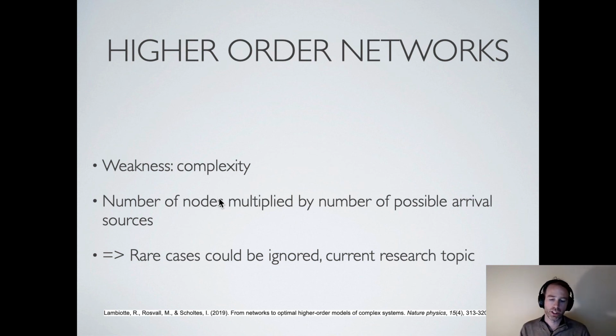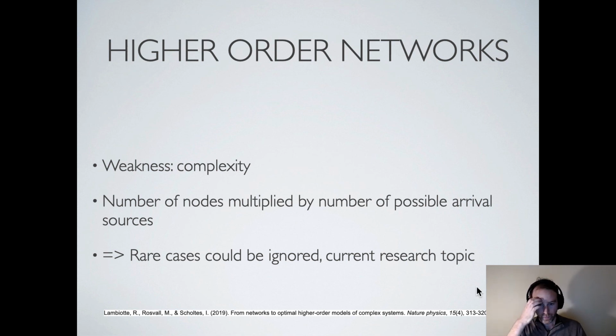Okay, so if you imagine on the airport network, you can arrive in each airport from, let's say, on average 20 different airports. So this will multiply the number of edges by 20. And the number of edges will be even more multiplied since you have to still remember from each of the origins all the possible destinations, which are now also multiplied by the number of origins, and so on and so forth.